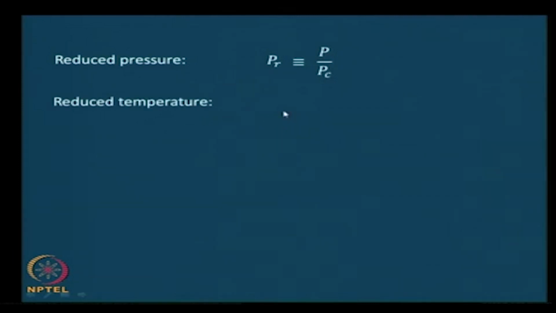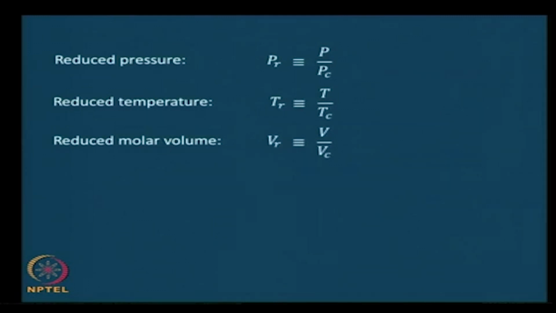Reduced temperature we already saw, TR is defined as the actual temperature to the critical temperature, and reduced molar volume, which is represented as VR, is defined as V, the actual molar volume, divided by the critical molar volume.